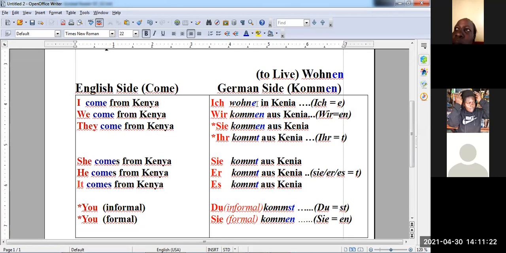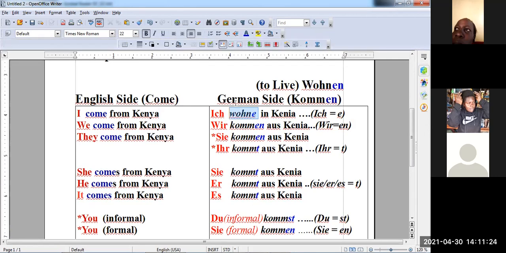Here, we live in Kenya. Wir wohnen. They live in Kenya. Sie wohnen in Kenya. Now you're introducing these people. They live in Kenya.